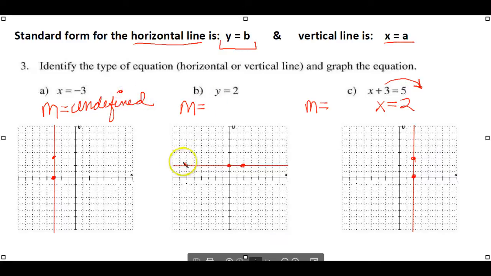What is the slope of a horizontal line? By definition, it is 0. And the vertical line is still undefined. So they didn't ask us for this yet, but something we're going to be covering very shortly. All right, let's go on to our next topic.